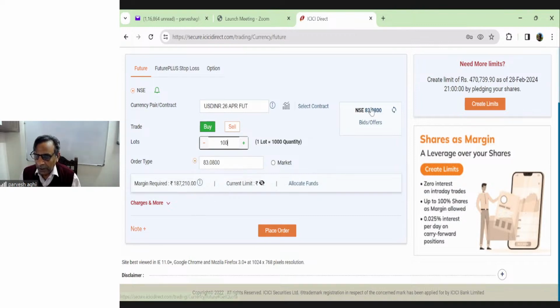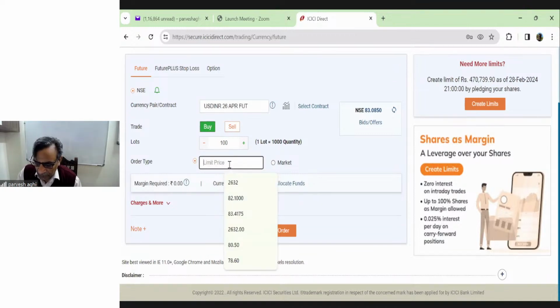Then I can give an order type. I can put this rate, which is the last traded price, or I can say market. Then I will be able to place the order at the rate which will be prevalent at the time when somebody accepts my order. If I put a limit order, then I can put the price of 83.0850, which is the last traded offer.